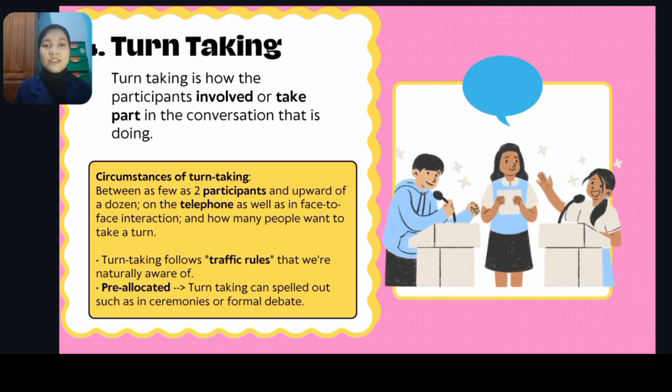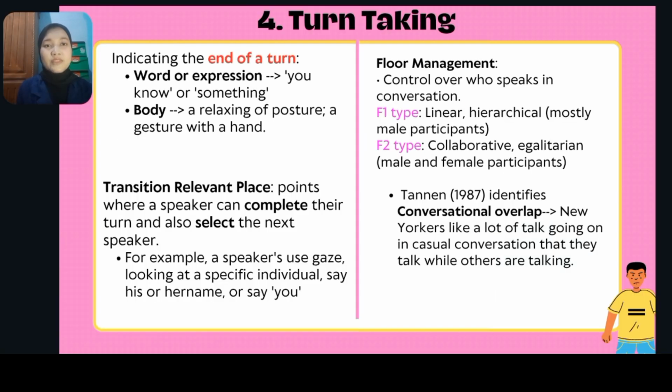Turn taking can also be pre-allocated. It means turn taking can be spelled out, such as in ceremonies or formal debate. So we can indicate the end of a turn with words or expressions, and with body: relaxing the posture, gesturing with the hand, and so on.